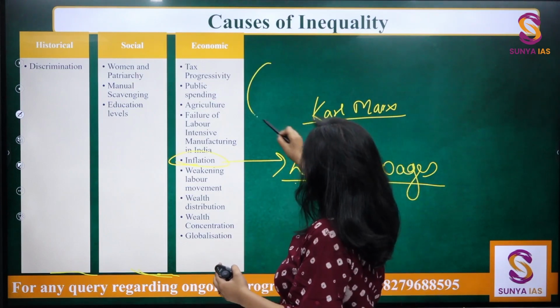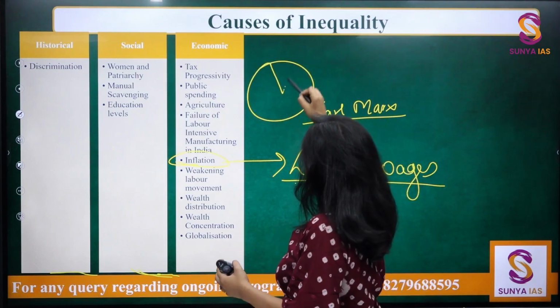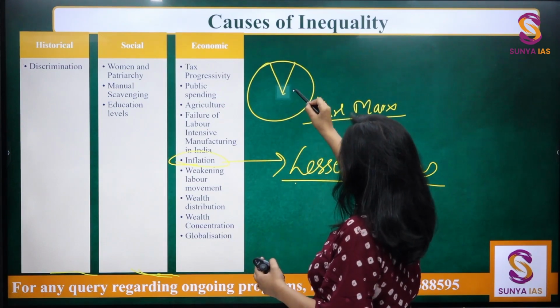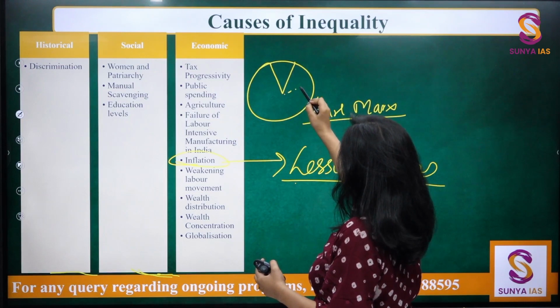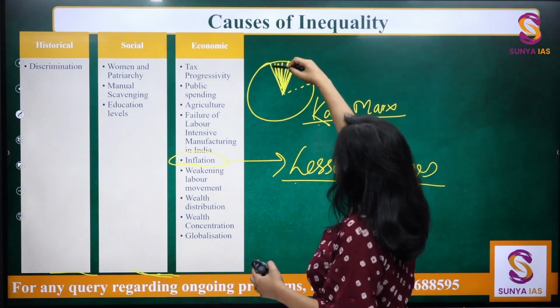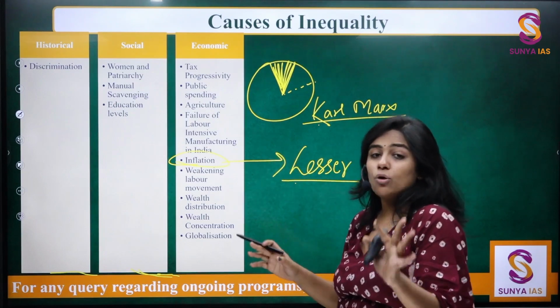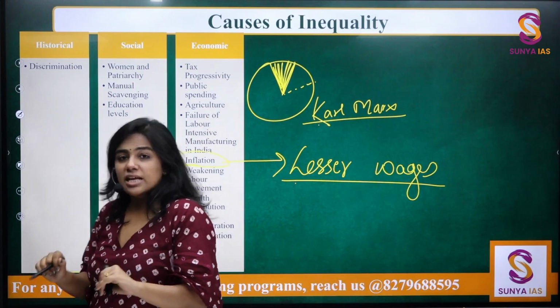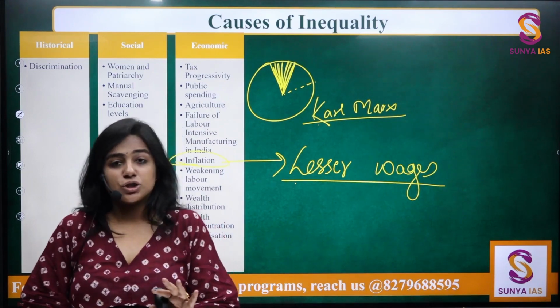So if this is the income pie and this was the employee's share earlier, now the share will shrink down to only this, because the employer will have to make sure that he himself is providing for himself and his family in this inflation time.